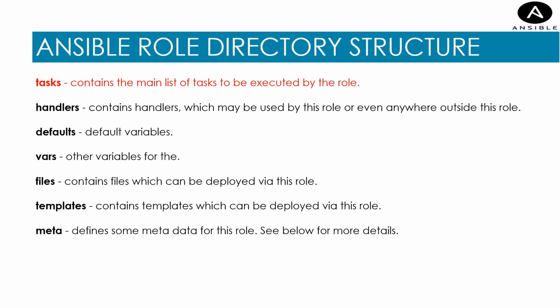Similarly we have vars, other variables for the role and associated files. Then we have a files folder, which contains files which can be deployed via this role. Then we have templates, which contains templates which can be deployed via this role. And then we have meta, which defines some metadata for this role.